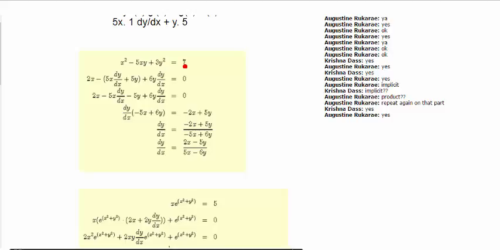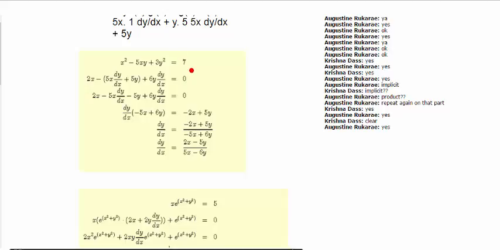So if I further simplify this, I should get 5x dy over dx plus 5y. Hope this makes sense. Is it clear now? Okay. So that was the product rule. And we have stopped here.